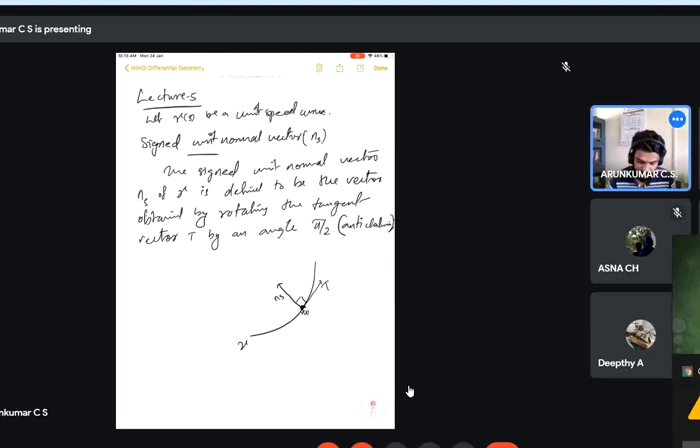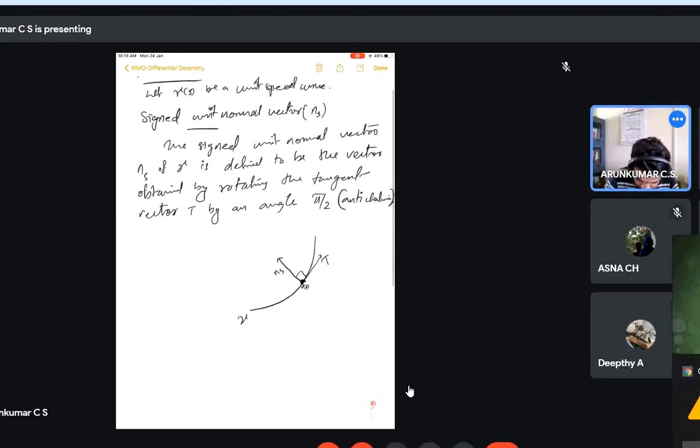That justifies this name, signed unit normal vector. This is basically a normal vector which is a unit vector obtained by rotating the tangent by an angle pi by 2 in the anti-clockwise direction. Since the direction is specified, we'll say it's a signed unit normal vector. Okay, now let us note something.